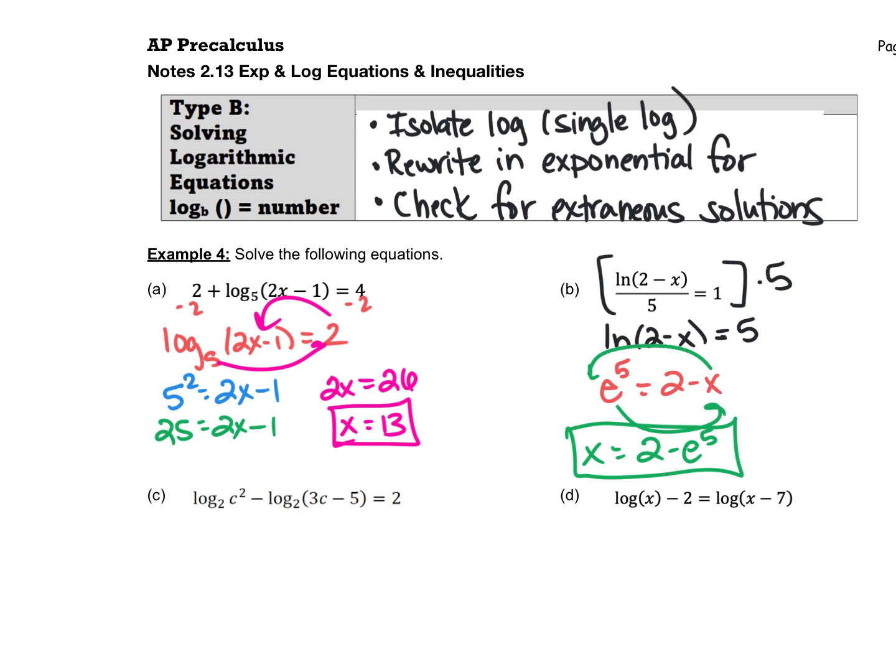Where do you find e in your calculator? It's above ln, second ln. How do we check for extraneous solutions of that? That was where you would plug it into your calculator to get a numerical value. E to the 5th. If you think about that, it's going to give us some kind of a negative number.